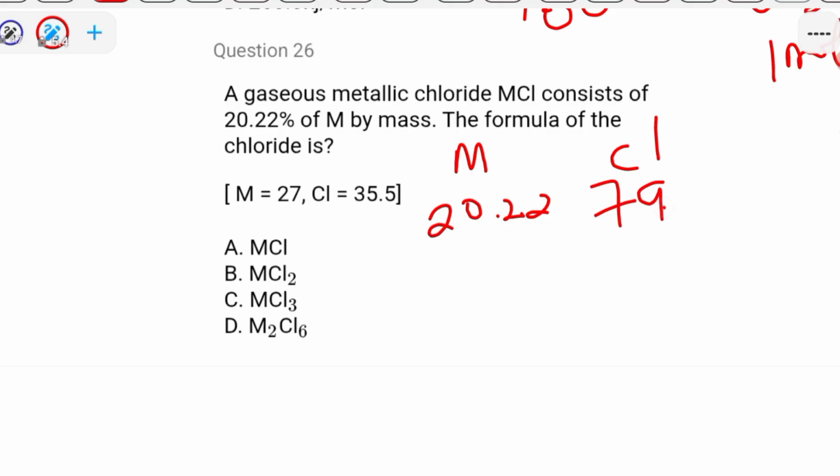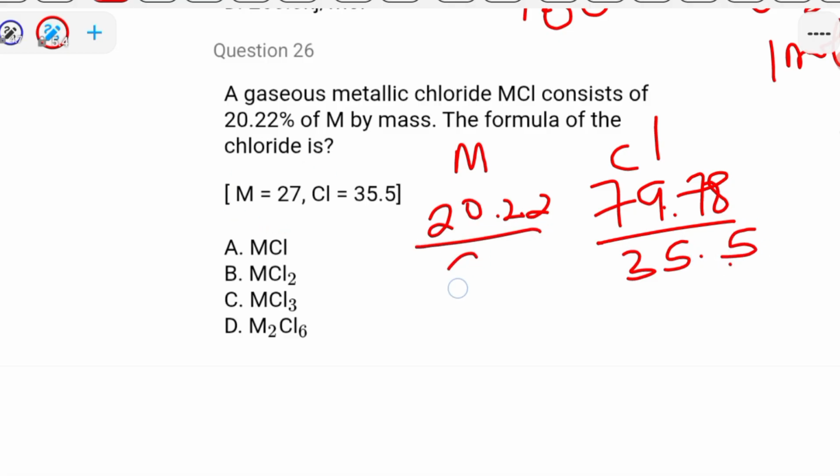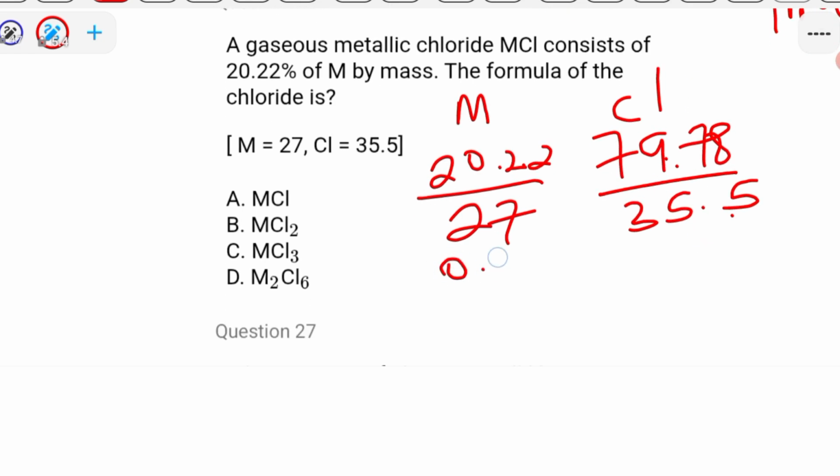I'll divide this by 35.5, and M's percentage by its molar mass, 27. So 20.22 divided by 27 is 0.748. And 79.78 divided by 35.5 gives me 2.247.